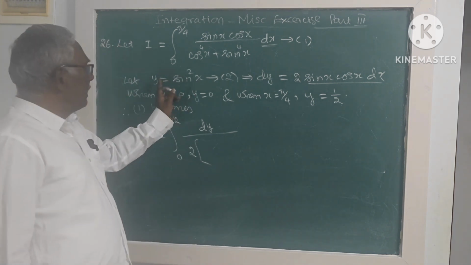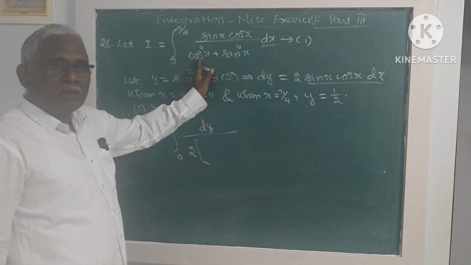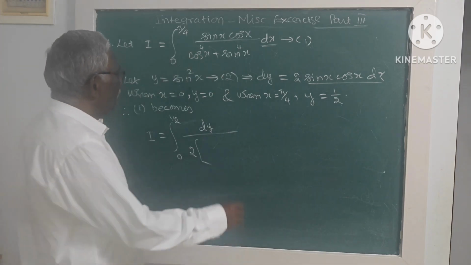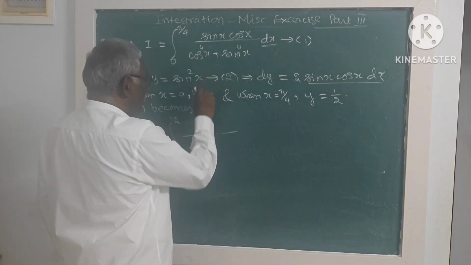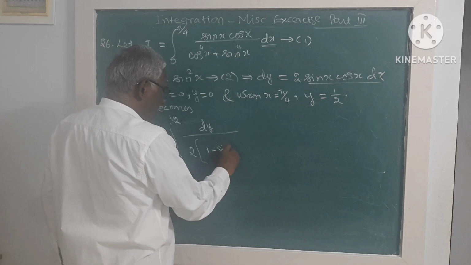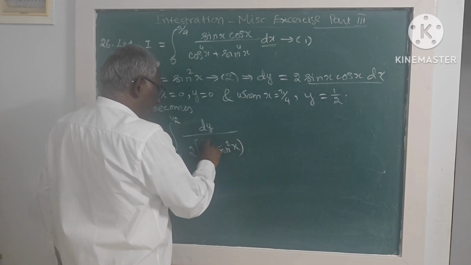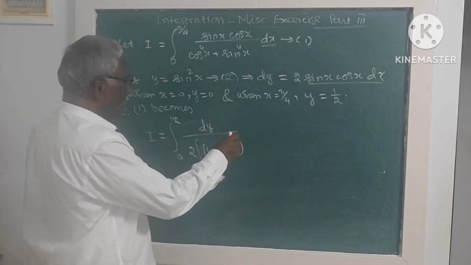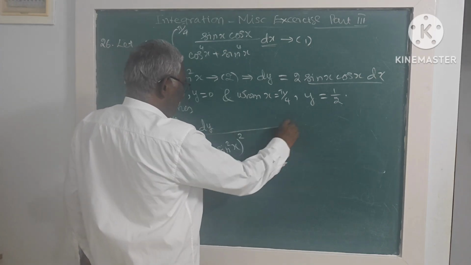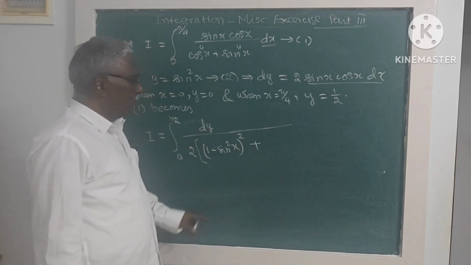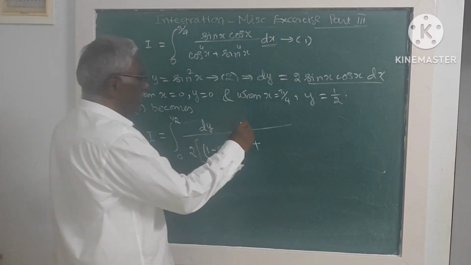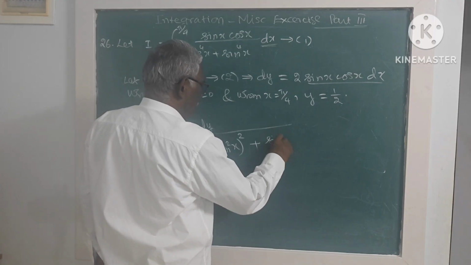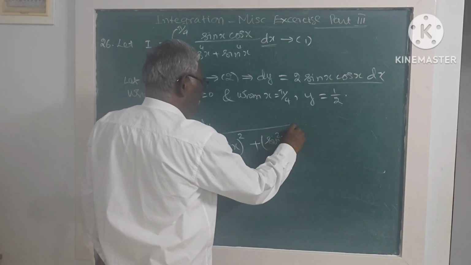Sin square x we have taken as y, so we have to express the denominator in terms of sin square x. How can we express? Cos square x is 1 minus sin square x, so this is cos square x whole square, which becomes cos power 4x. Then this is sin square x whole square.